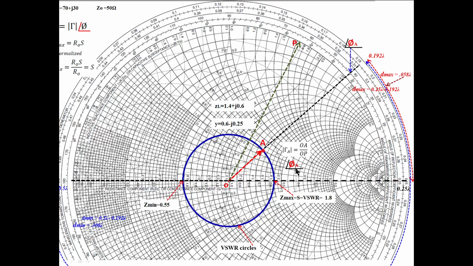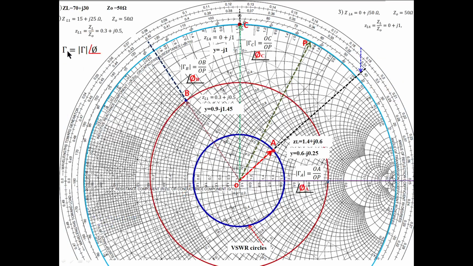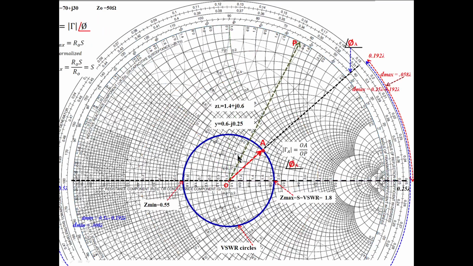It is the reflected wave phasor divided by the incident wave phasor. We can find this easily from the Smith chart instead of using the mathematical equation, as we discussed in the earlier class.